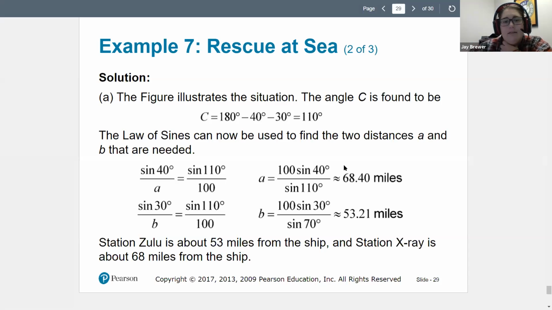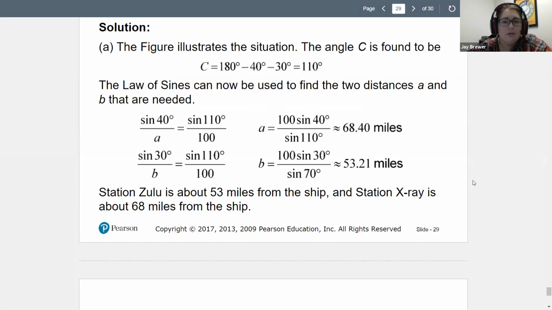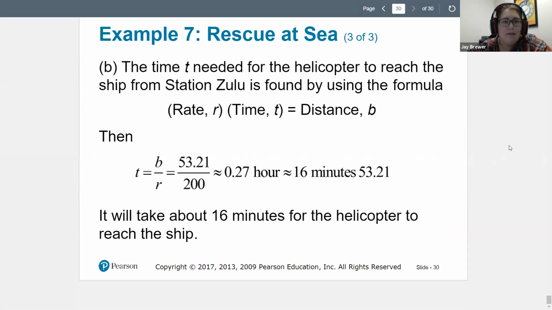And you guys can see there that B ends up being 53.21 miles.